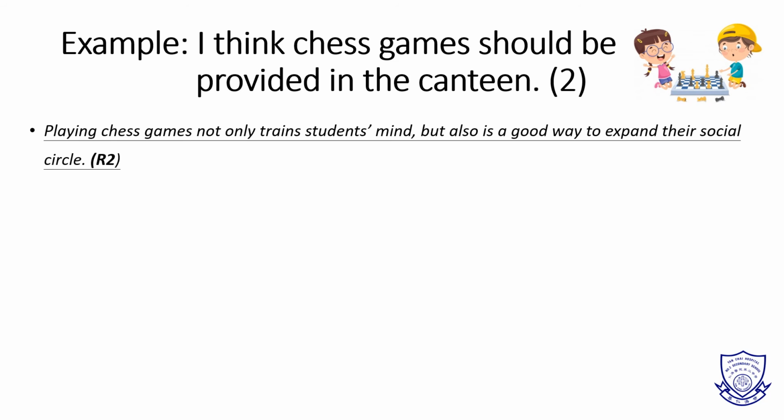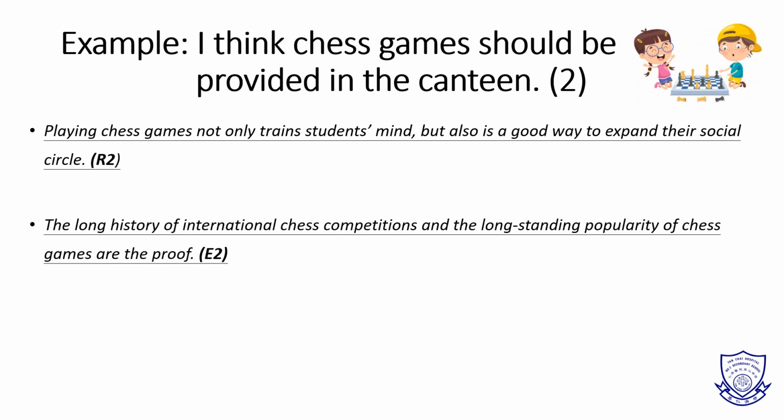The fourth sentence reads, playing chess games not only trains students' mind, but also is a good way to expand their social circle. This fourth sentence represents the second reason. The long history of international chess competitions and the long-standing popularity of chess games are the proof. This fifth sentence is an example to support the second reason.